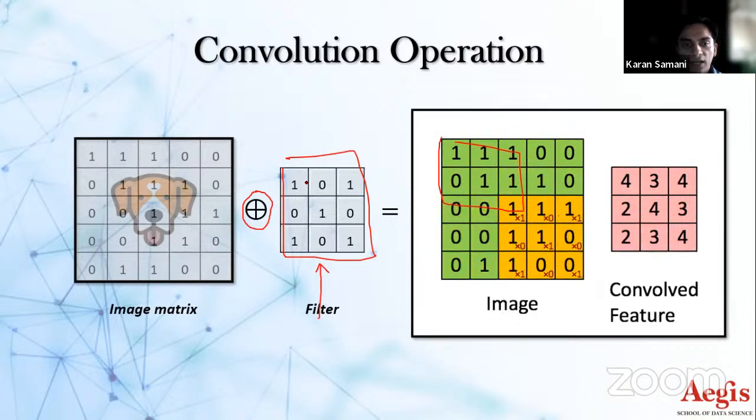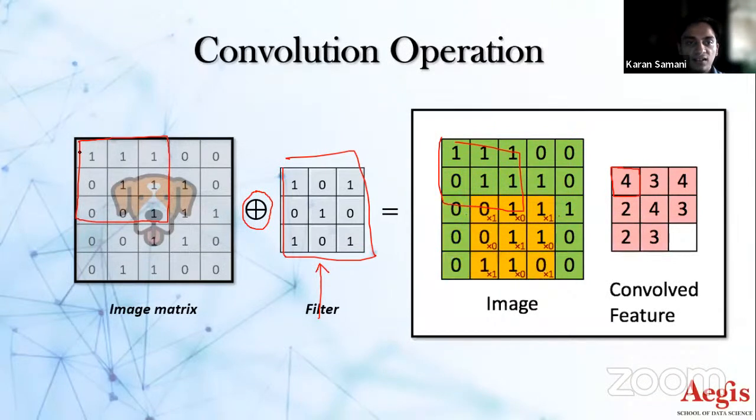If I am revolving this filter over this particular section, it is 1 into 1 plus 0 into 1 plus 1 into 1 plus 0 into 0 plus 1 into 1 plus 0 into 0. This gives me the value of 4. Now I go one stride next.